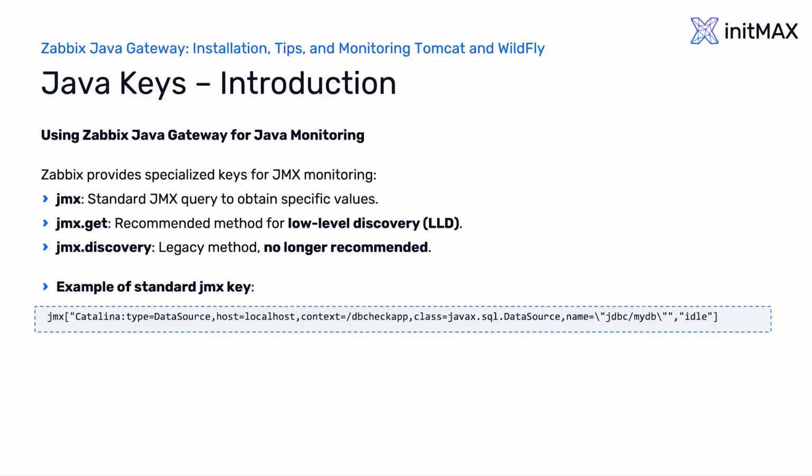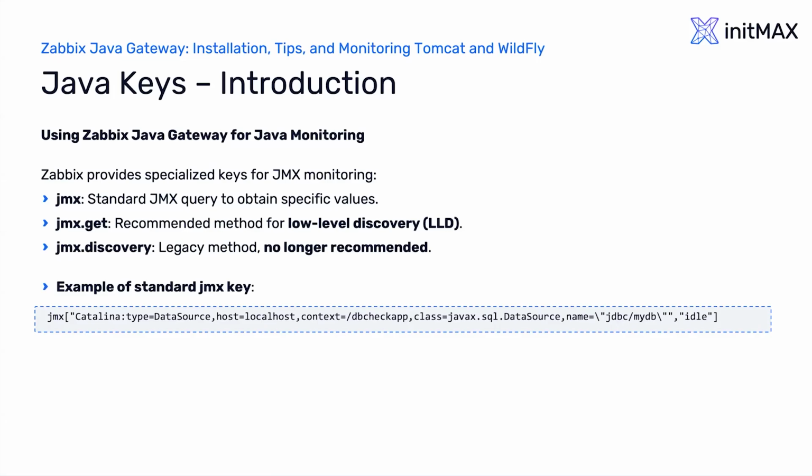For that, Zabbix provides specialized keys for JMX monitoring. We have just jmx, which is the standard JMX query to obtain a specific value out of your software. We have jmx.get, which is the recommended method for low-level discovery. And we have jmx.discovery, which is the legacy method, no longer recommended, still available.